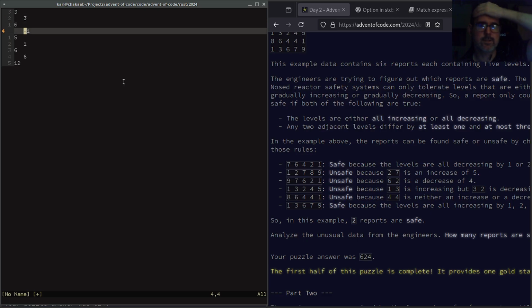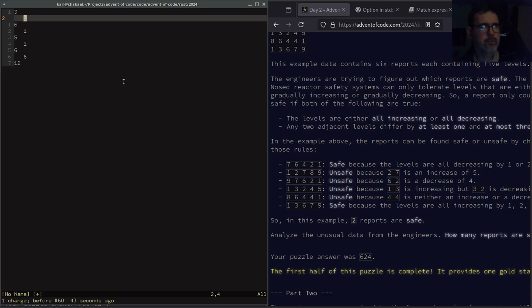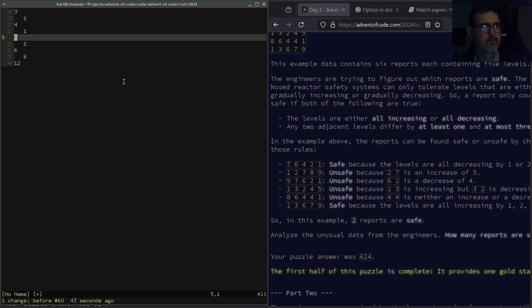So if we toss this out, and actually this probably isn't the interesting case. This may be the interesting case. So that's valid.